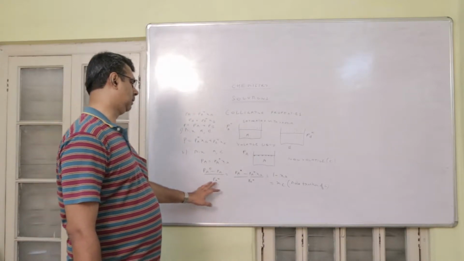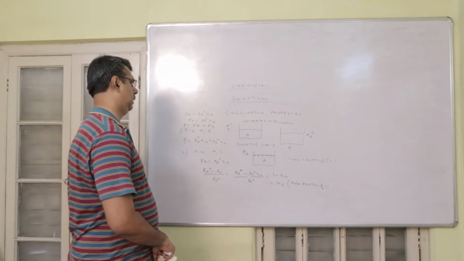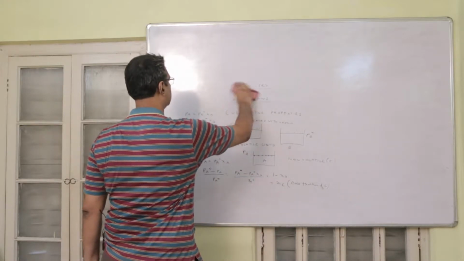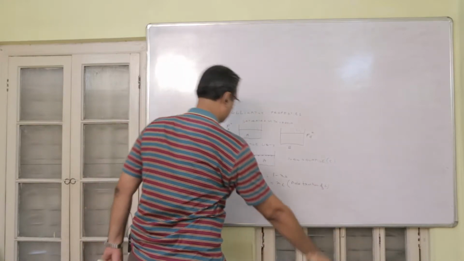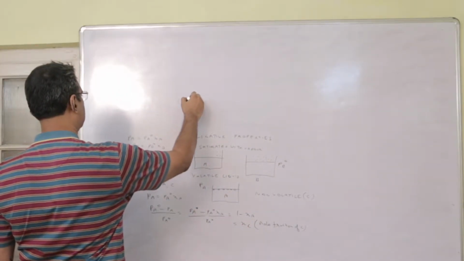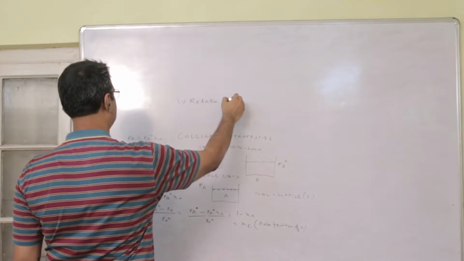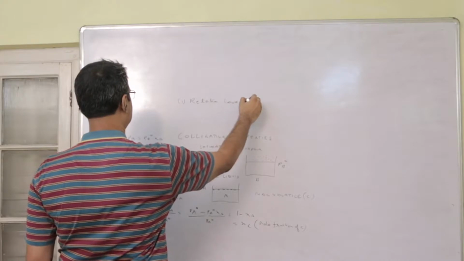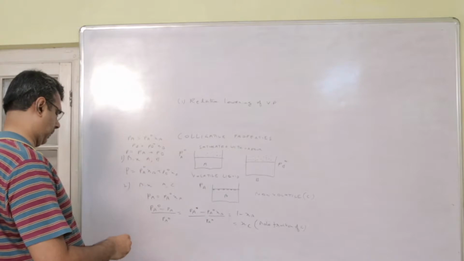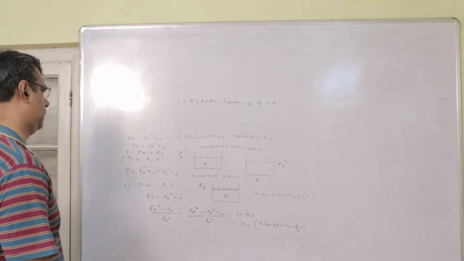The relative lowering of vapor pressure is simply the mole fraction of C. So that is why in our study today, the first colligative property is relative lowering of vapor pressure. This is the first colligative property in our study today.